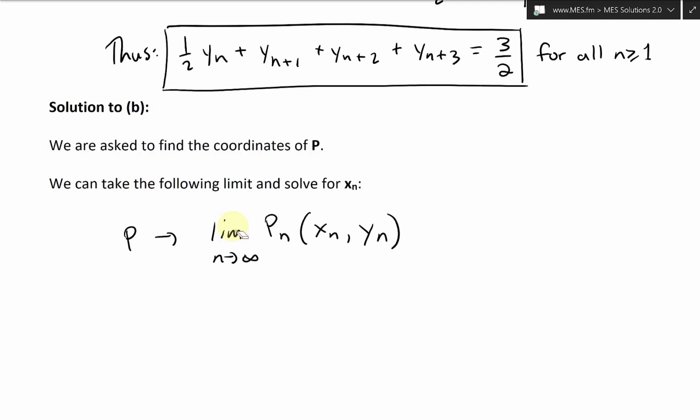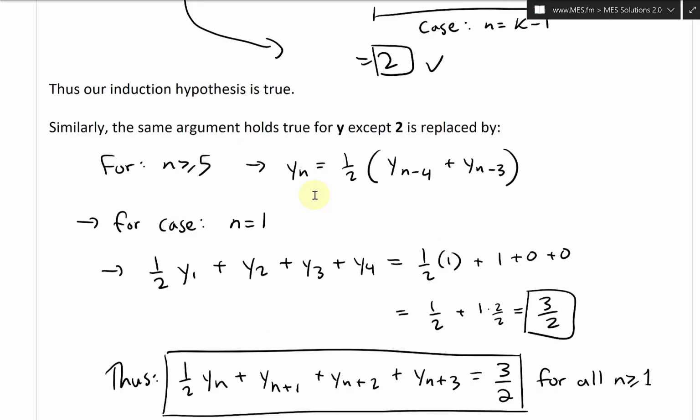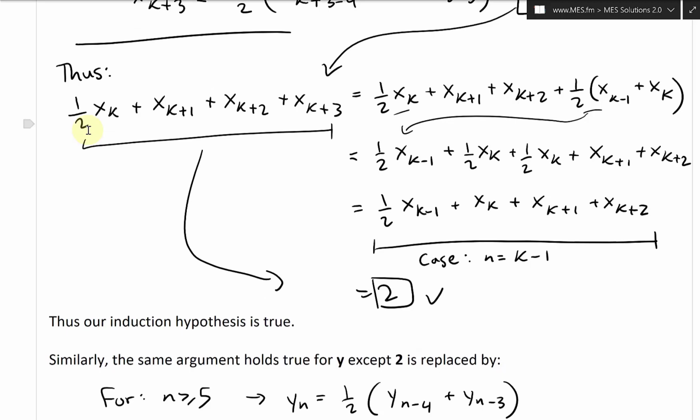We can solve for this by taking the limit, since we have equations for xn and yn.